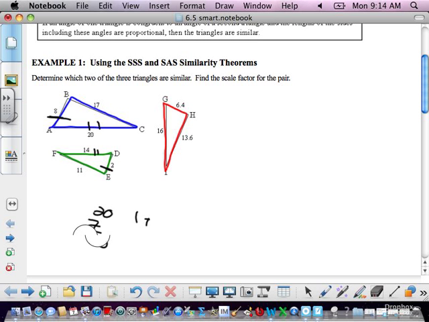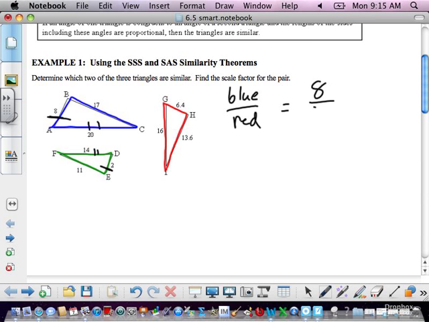All right, so we know one of them has got to be proportional to the red one. Which one do you think, the blue or the green? I think the red one's to the blue, okay? So we're going to put blue over red for all of these, just so we remember. A B is 8. What is the corresponding side for that one?